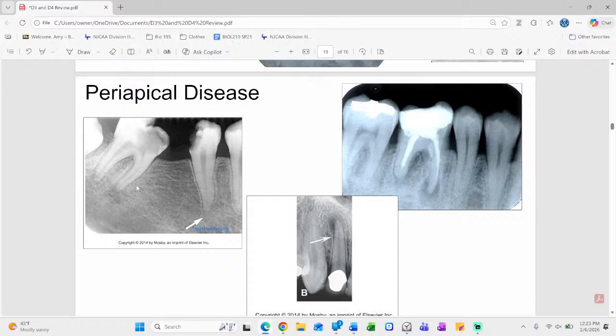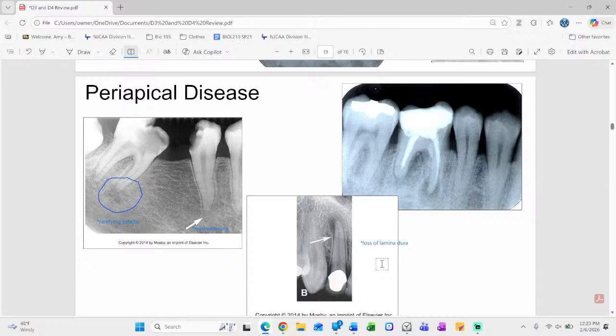Now, go back to the molar. They were pointing out early here with the arrow, but back here on the molar, sure, that's already blown out into a rarefying osteitis, and again, huge caries, pulpal diagnosis. The middle picture here, also from your text, loss of lamina dura. Remember what we're looking for: lamina dura and a consistent PDL space.